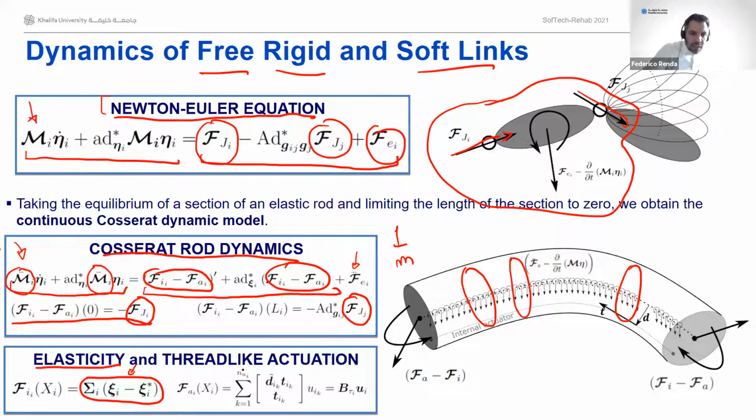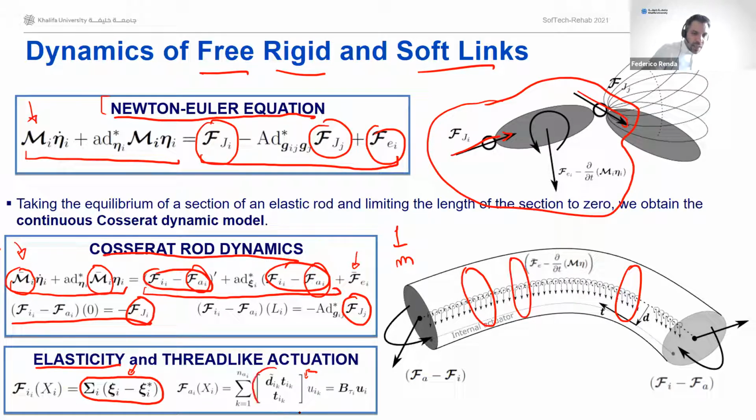Another important thing, the internal actuators, such as cables that run inside of the soft link, can also be modeled very easily as internal forces with their own constitutive law, if you want.